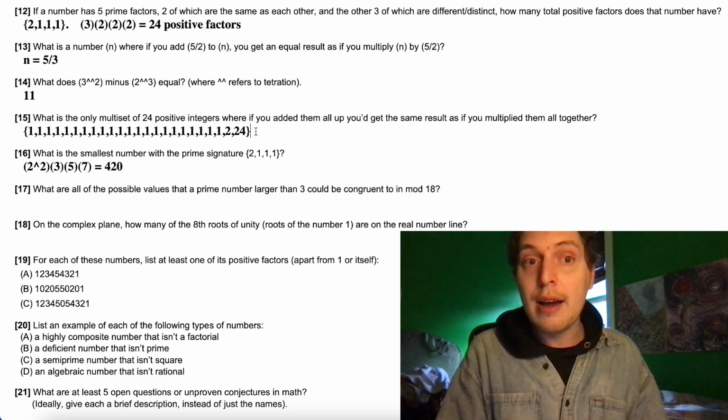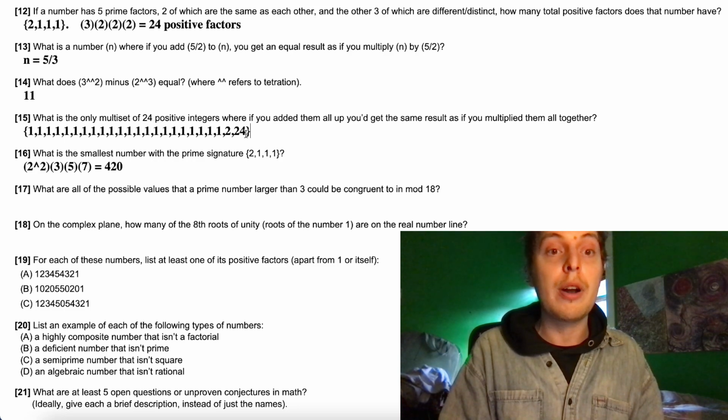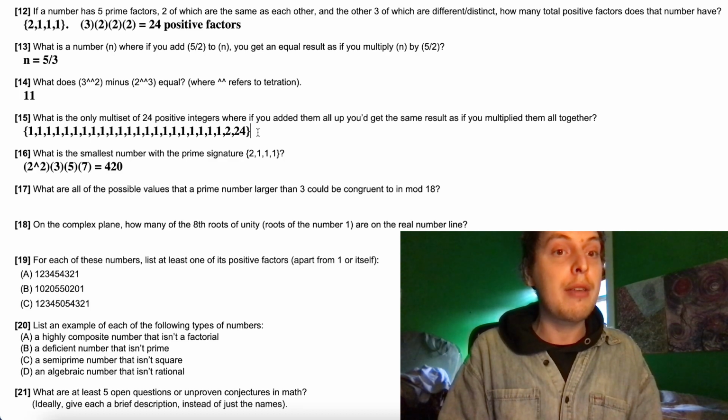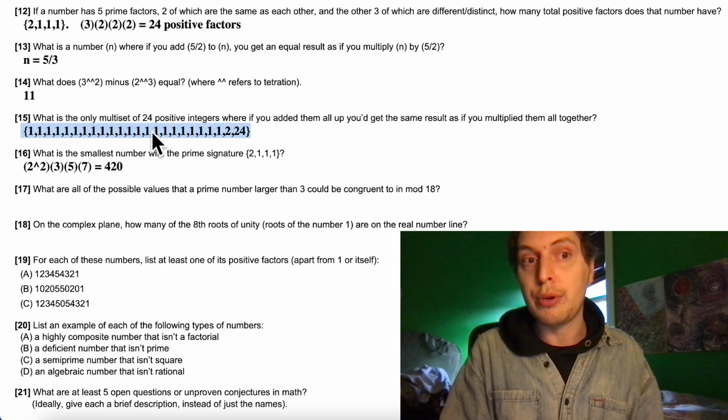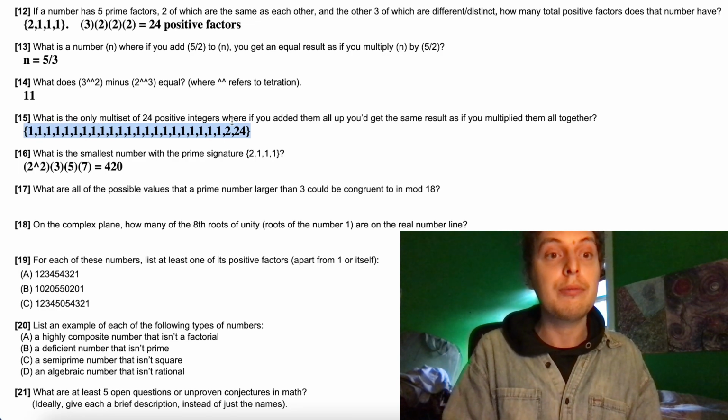As it turns out in the episode I made about these, this is the only multi-set of 24 positive integers, but it's an open question as to whether there's an infinite amount of numbers that only have one multi-set possible, such as 24 here, and this being the only possible one, it turns out.